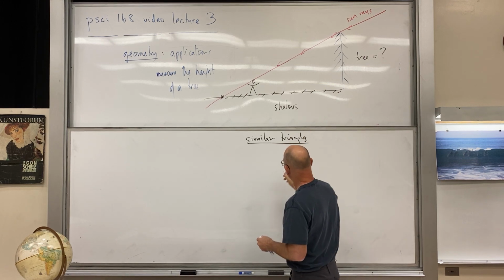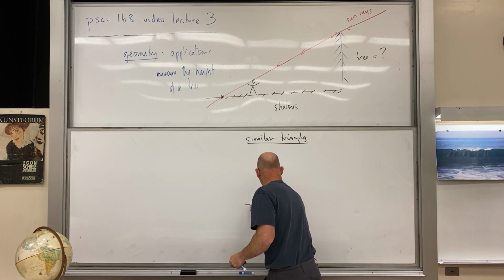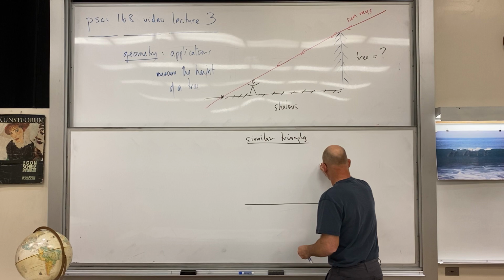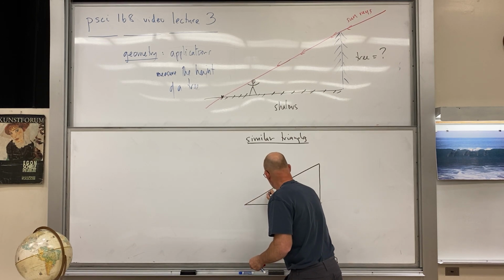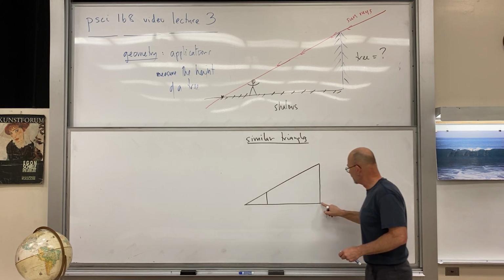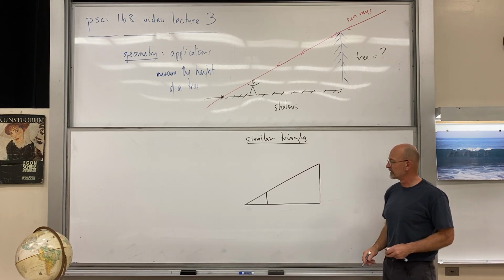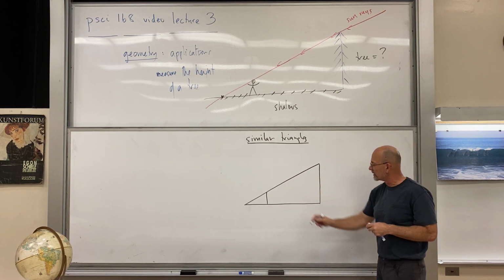I'm just going to reproduce what I have up there, maybe a little bit smaller. So, okay, these are 2 triangles, the outside one and the inside one right here.